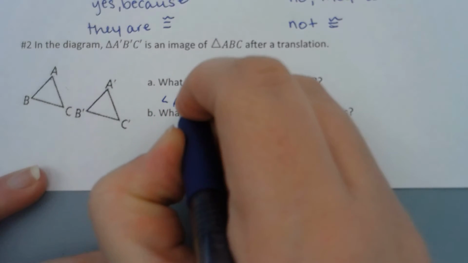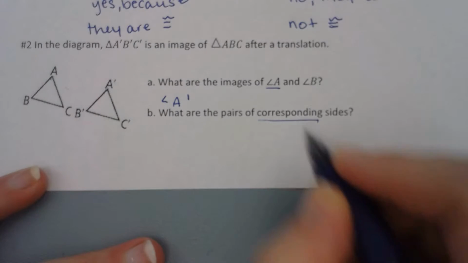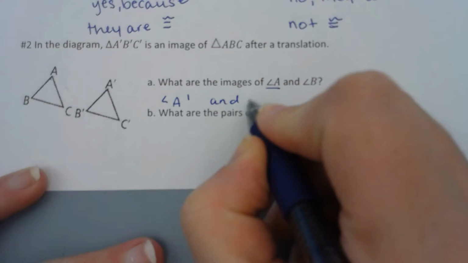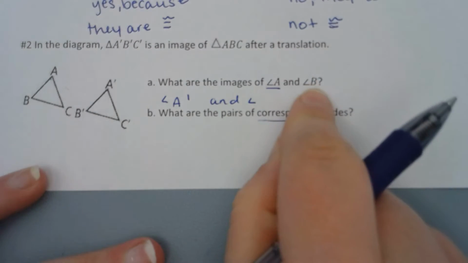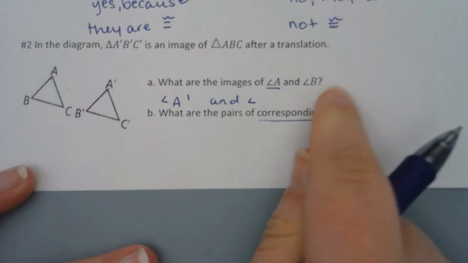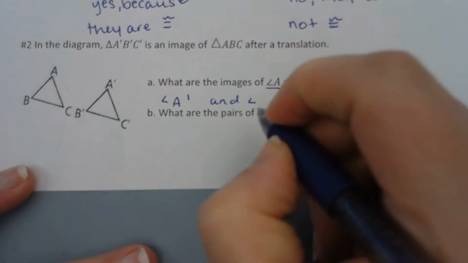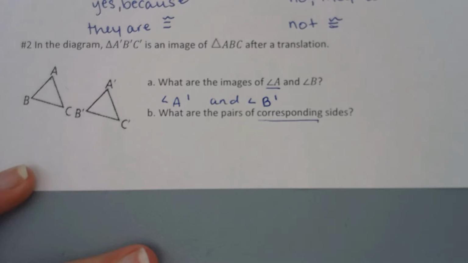Your answer is going to be A prime. And for angle B, again, what does B match? What does that point match? Over here, it matches B prime. So if I'm looking at angle B, my corresponding angle is going to be angle B prime.